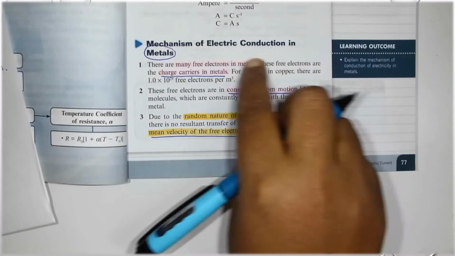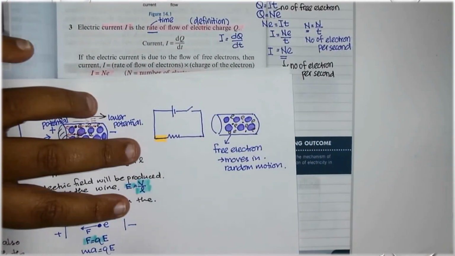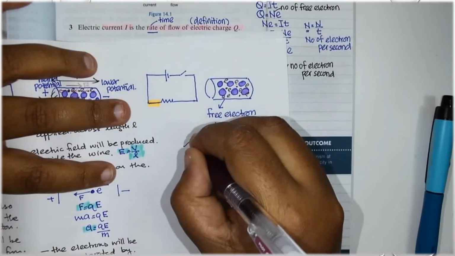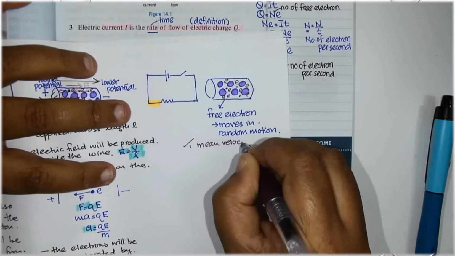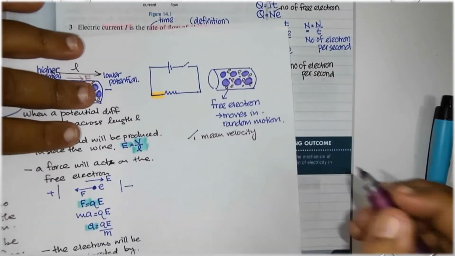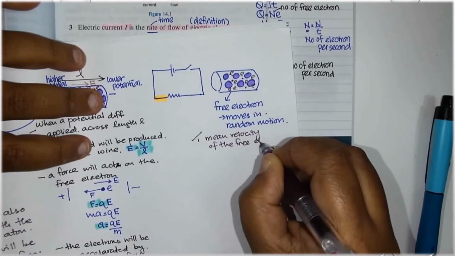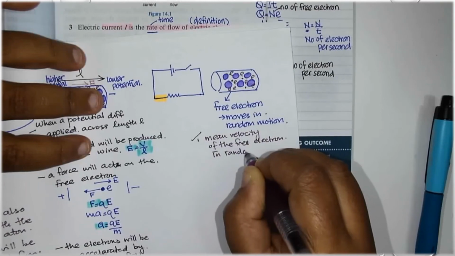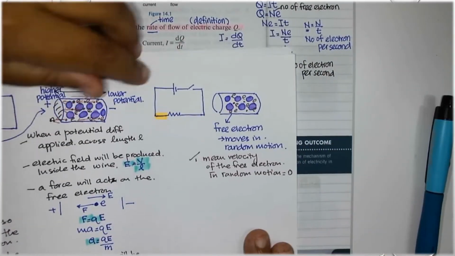So this is talking about the situation when there is no potential given to the conductor. The important keyword here is that the mean velocity of the free electron in random motion is 0. That means without potential.